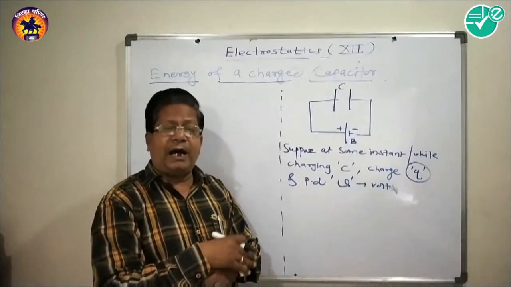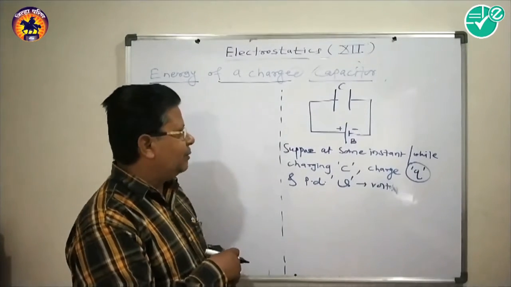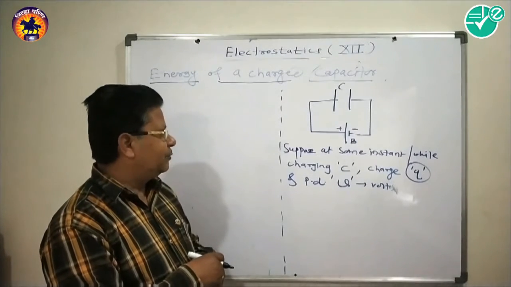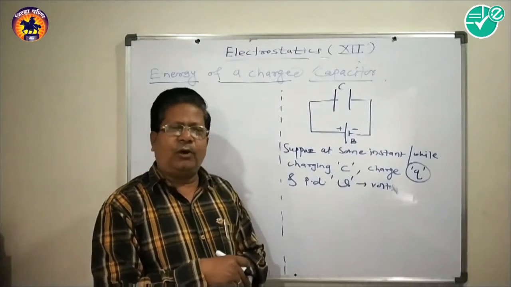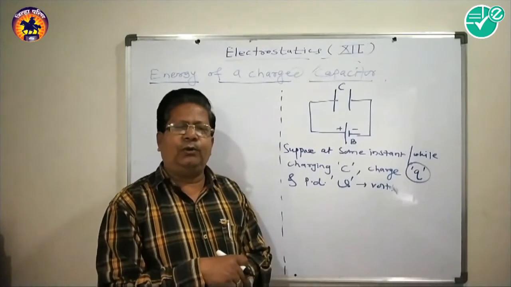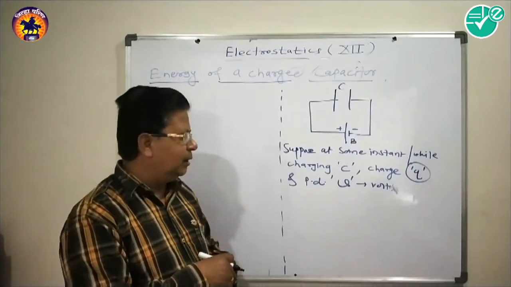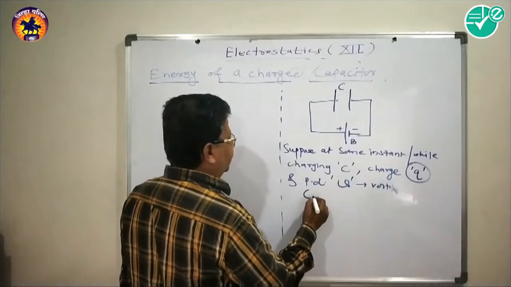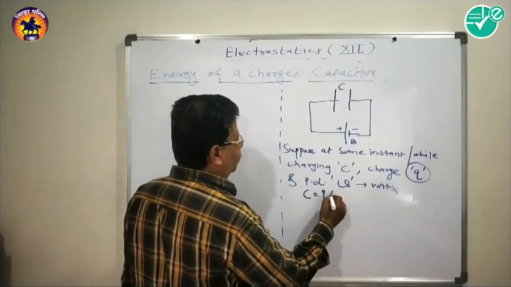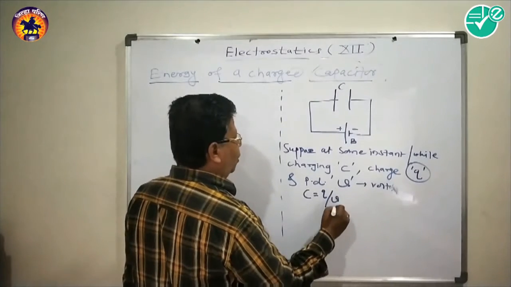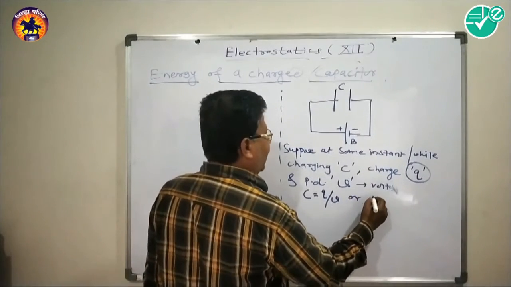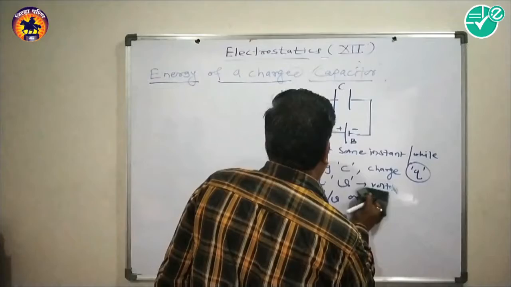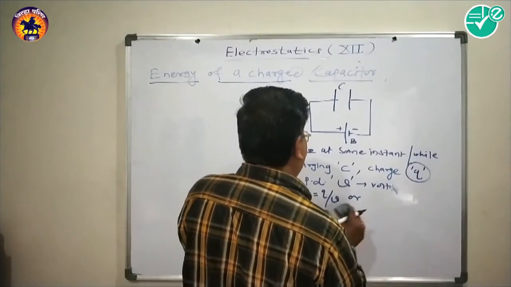So at some instant during the charging of the capacitor, if the charge on the capacitor is small q, and due to this charge the potential is small v, then we write the capacity of the capacitor C is equal to q by small v, or we write q is equal to C into V.